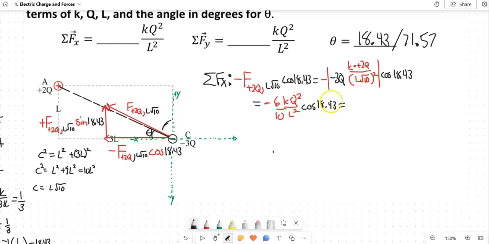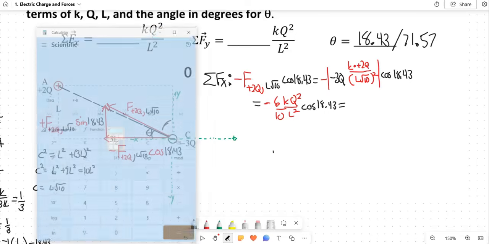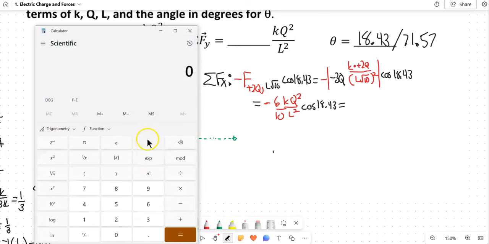So multiplying this all out, all right, so whatever the cosine of 18.43 is, let's find out. 18.43, take the cosine of that and multiply that by 0.6, which is 0.569.